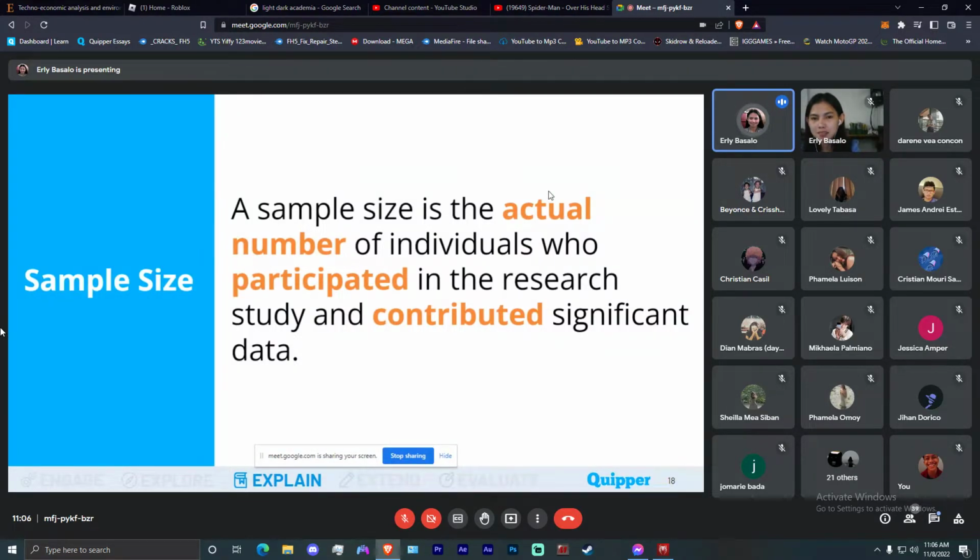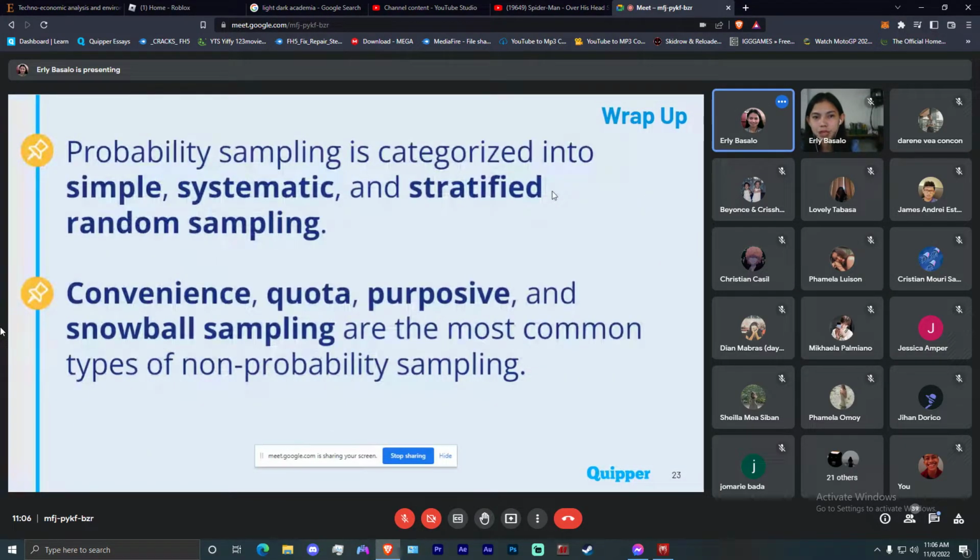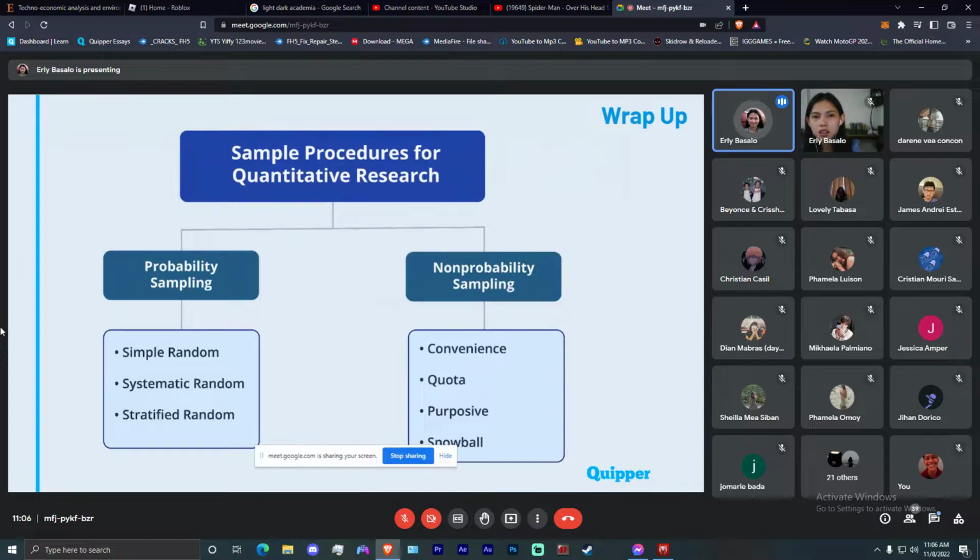We have here the definition for sample size. A sample size is the actual number of individuals who participated in the research study and contributed significant data. Again, the sampling procedures for quantitative research have two categories: probability sampling and non-probability sampling. Under probability sampling, we have simple random, systematic random, and stratified random. For non-probability sampling, we have convenience, quota, purposive, and snowball sampling.